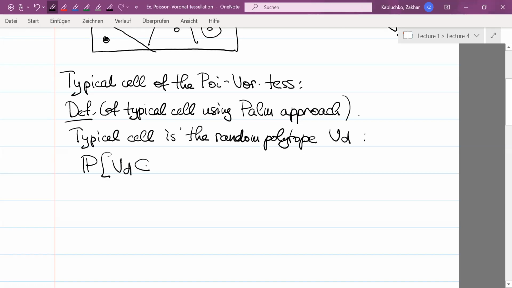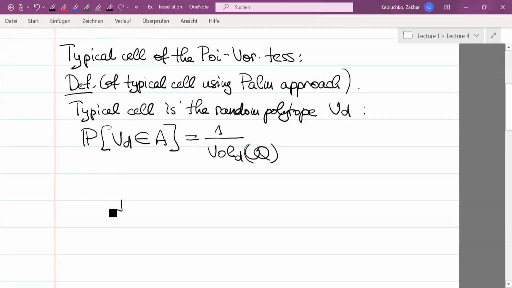The probability that Vd is in some set A, a subset of the space of convex sets, is given as follows. We take any Borel set Q in Rd whose volume is not 0.